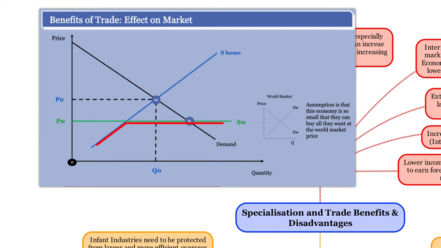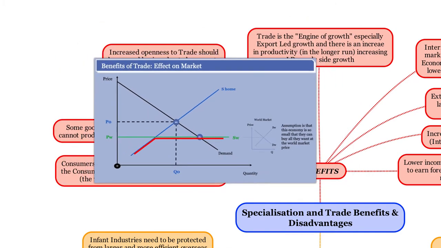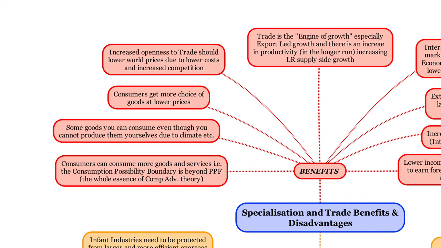And this area here is the area of an increase in their consumer surplus. So if you don't get that, you need to go and watch that video. There's a video just on that whole area. So the first point I would be making is that for the consumer, openness to trade and specialization is a beneficial thing.